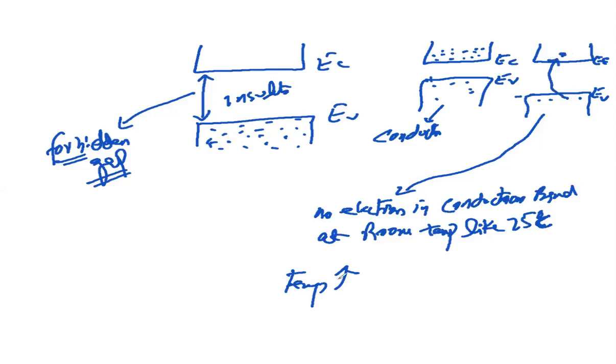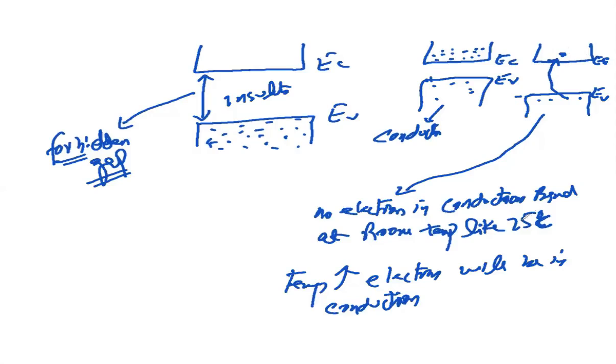Now you will have electrons in the conduction band, and when you apply the supply voltage across this object, it will allow the current. So you can say that if you increase the temperature, the resistance will get decreased.